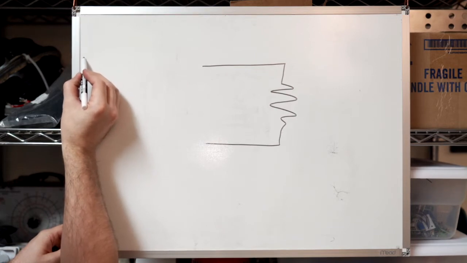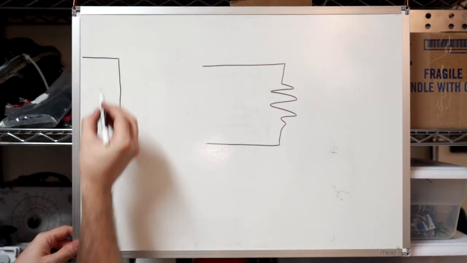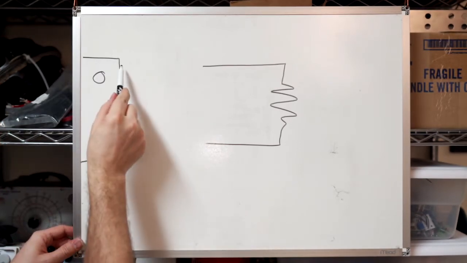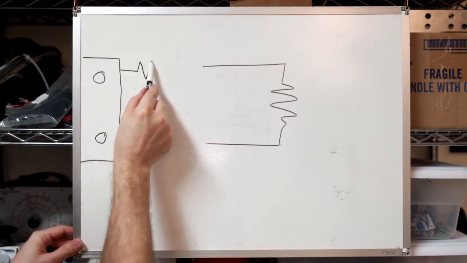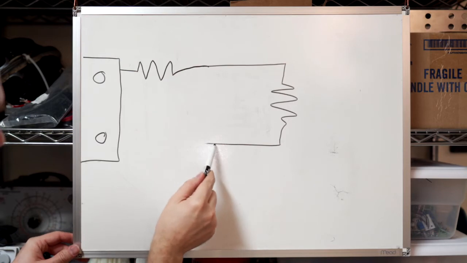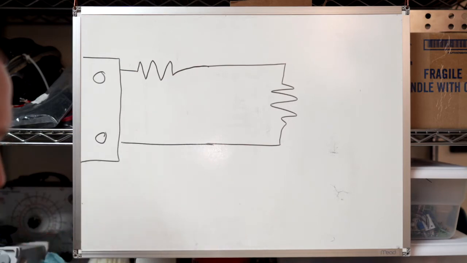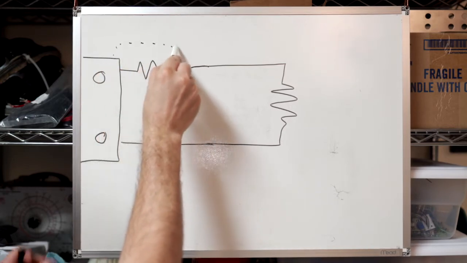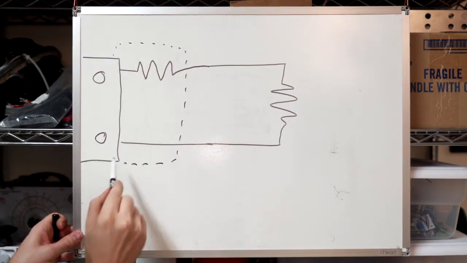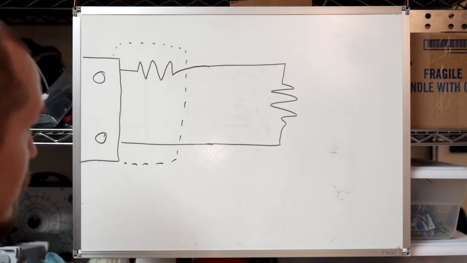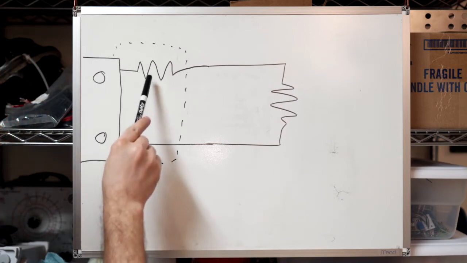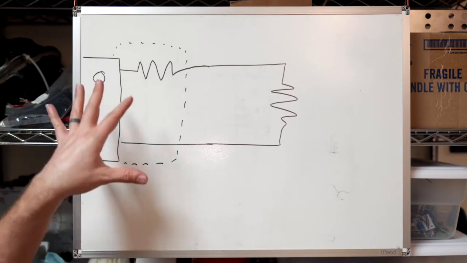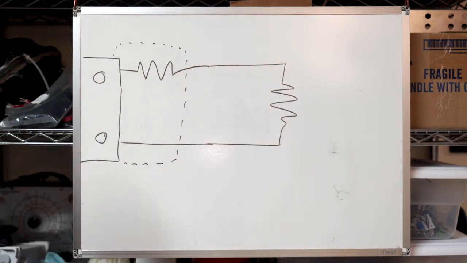And then we'll imagine the output impedance of our real amplifier as just being a series resistance here. So this is the ideal amplifier, and then this right here is the actual amplifier. And what we want to do is determine the value of this.